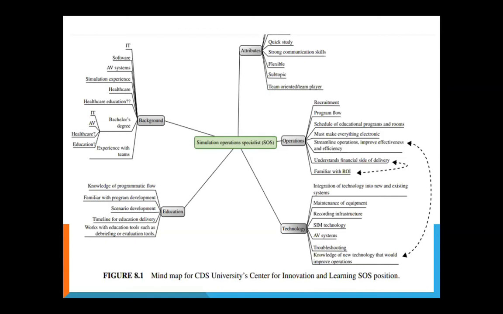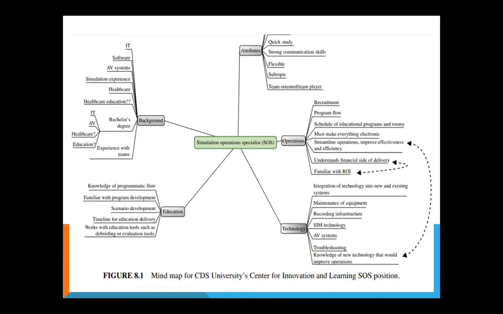For example, the technology: what I need from the IT technician to know about the technology that relates to the simulation. The attributes, of course, the communication skills is very important.